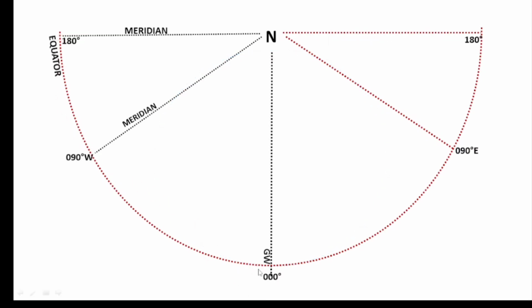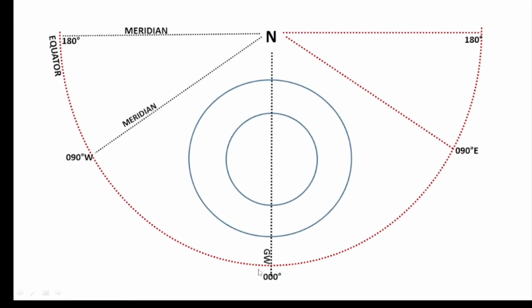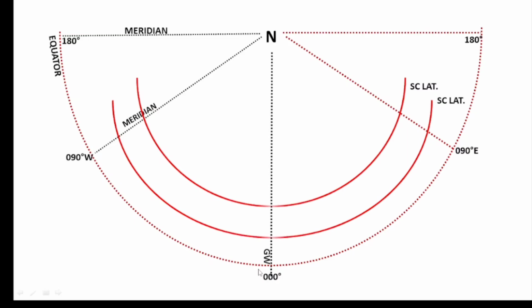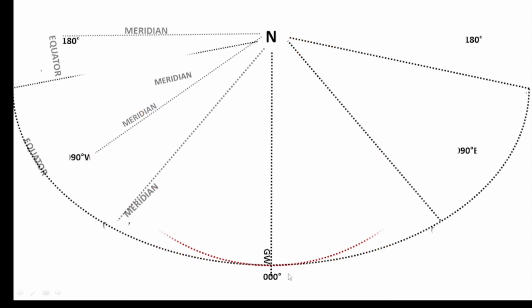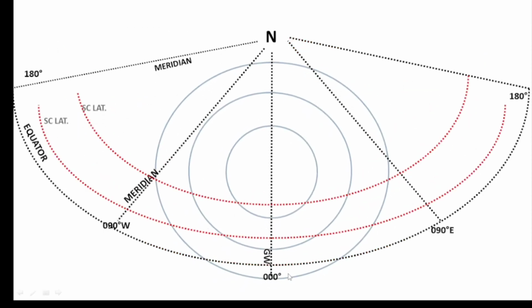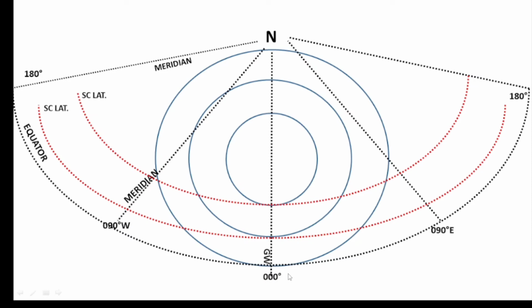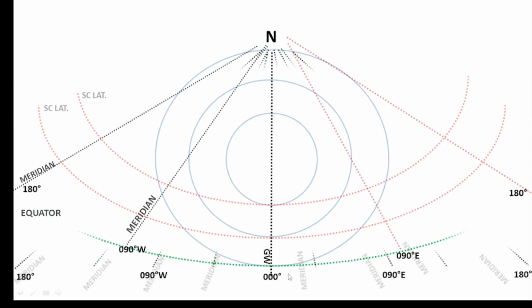Now that you're opening it up from there, 180, all your small circles, which are your latitudes, would appear something like this. And then this is just a procedure that I'm trying to open it up.